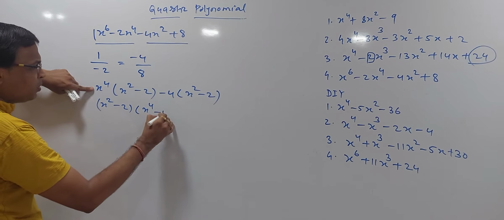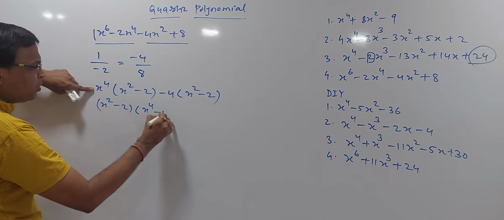And this is something you would have done in 8th standard. X power 4 minus 4 is again like x power 4 minus 2 square, and this x power 4 is x square square. So I got it like a square minus b square case, which gives me a minus b, a plus b.